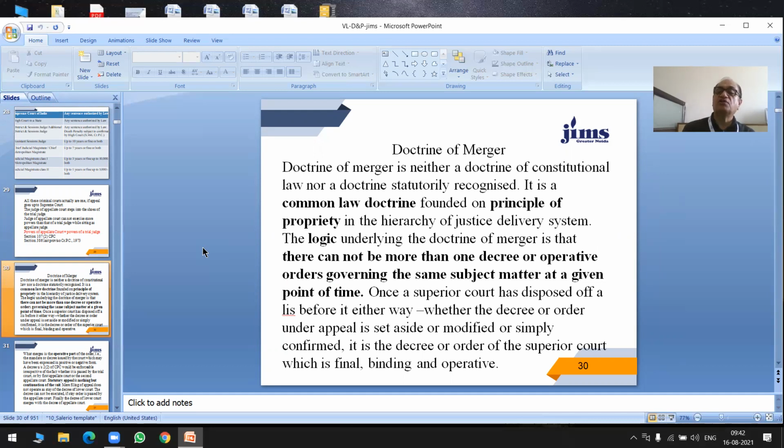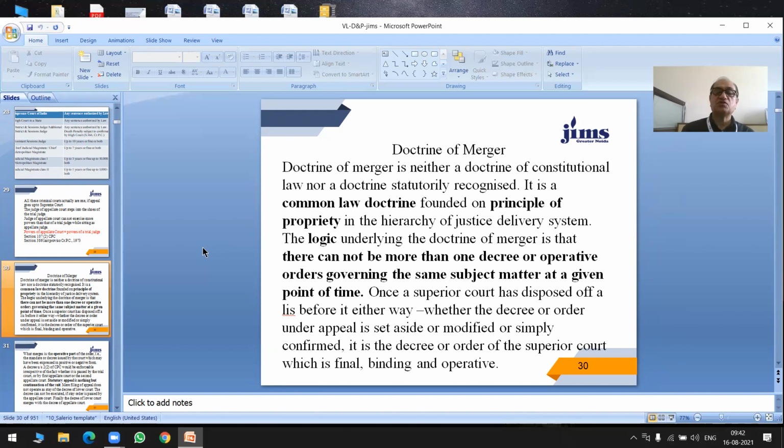It is a common law doctrine founded on the principle of propriety in the hierarchy of justice delivery system. And the logic underlying the doctrine of merger is that there cannot be more than one decree or operative order governing the same subject matter at a given point of time.